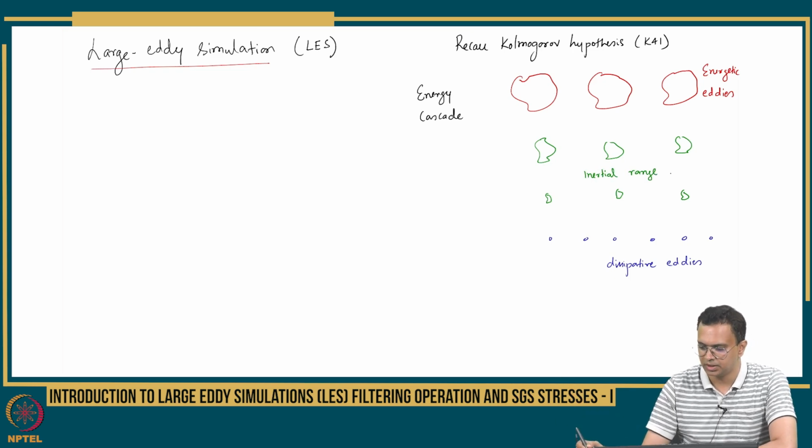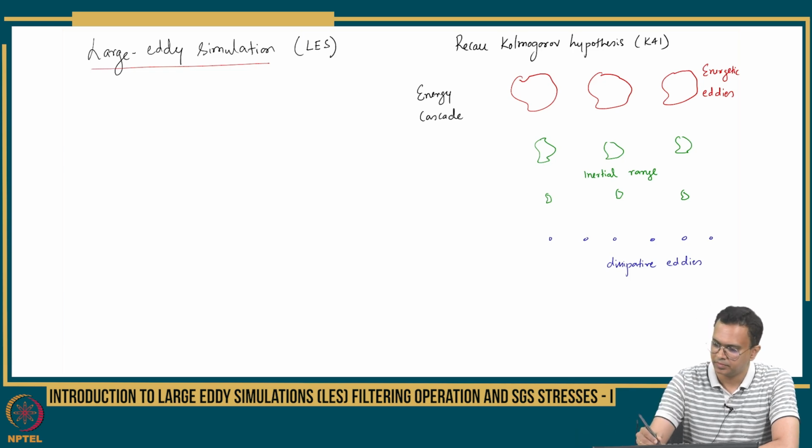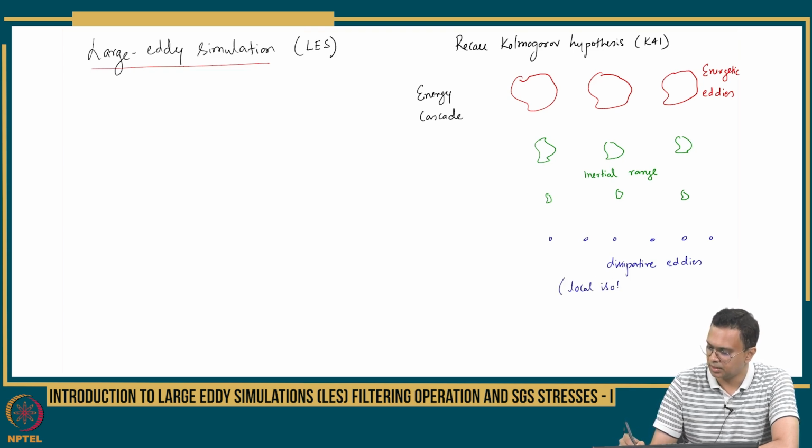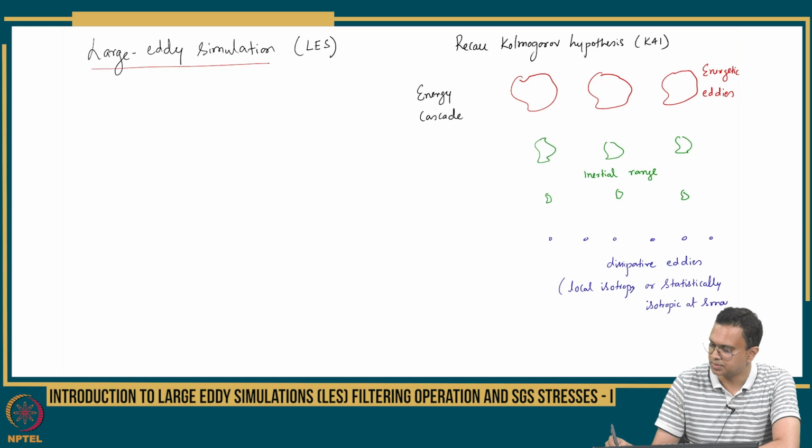So the main advantage of this Kolmogorov hypothesis in the context of LES is, we discussed that there exist these tiny scales where it is statistically isotropic, right? So local isotropy, or statistically isotropic at small scales.